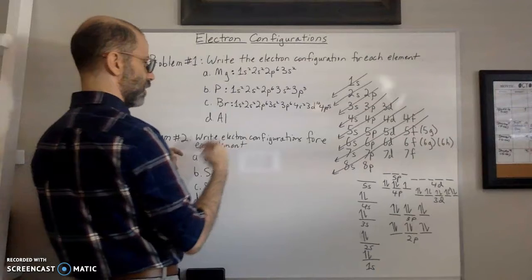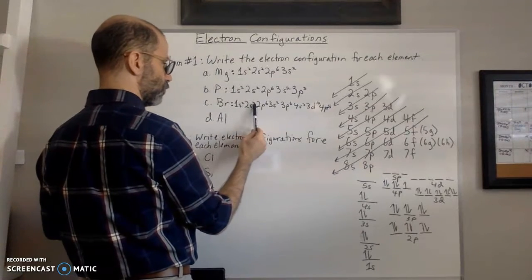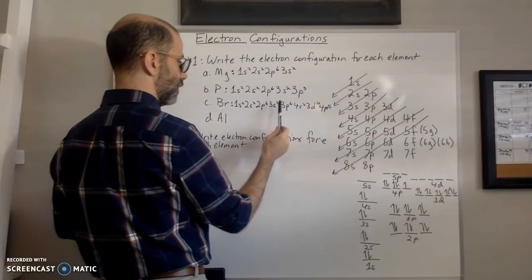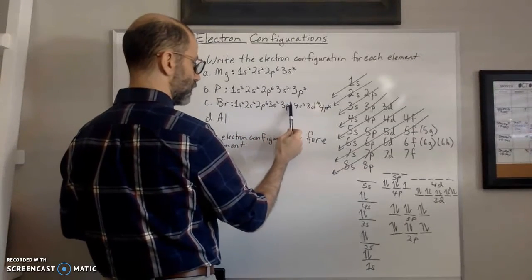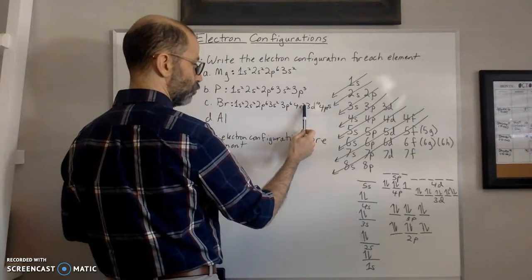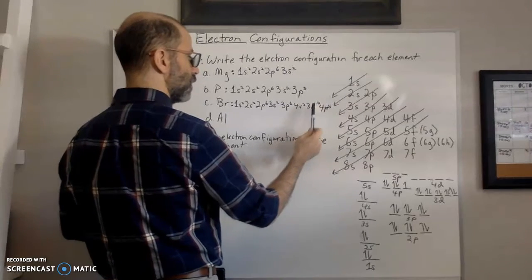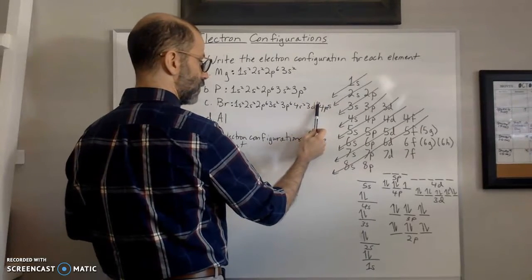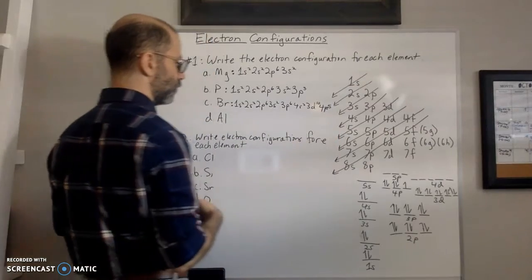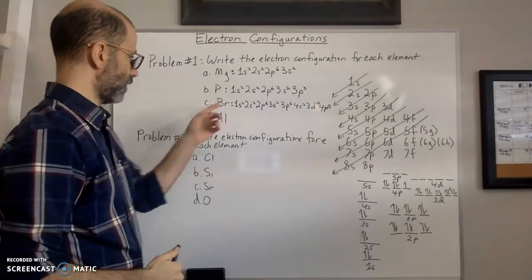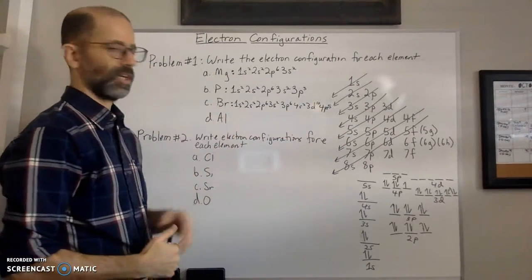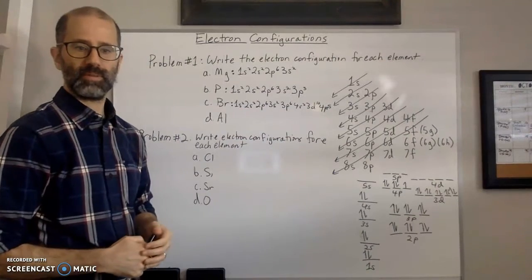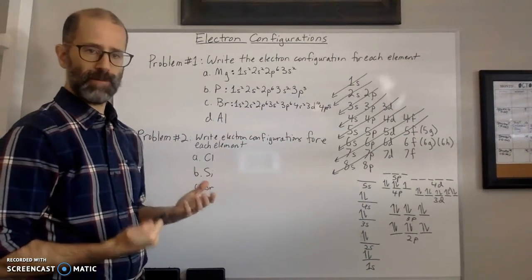And then if we add these up, 2 and 2 is 4, plus 6 is 10, plus 2 is 12, plus 6 is 18, plus 2 is 20, plus 10 is 30, plus 5 is 35. So that is the electron configuration for bromine. Okay, are you with me so far?